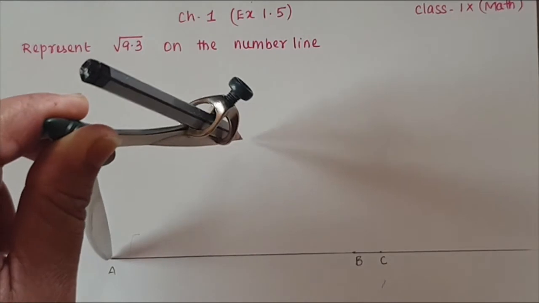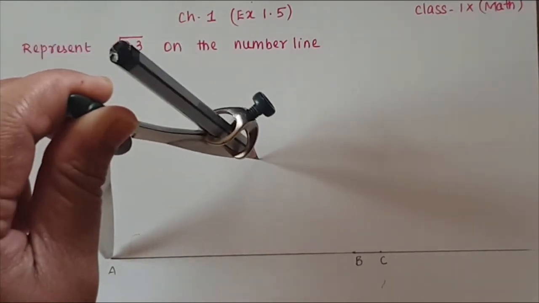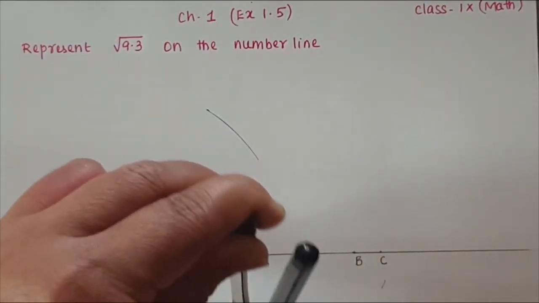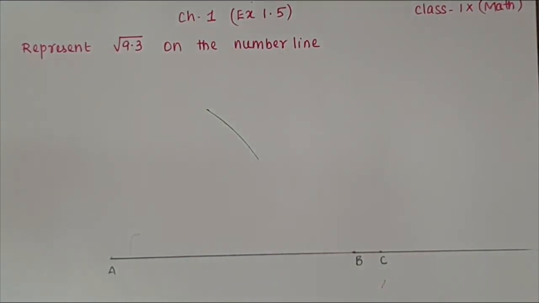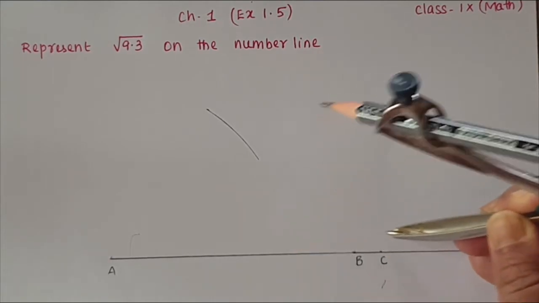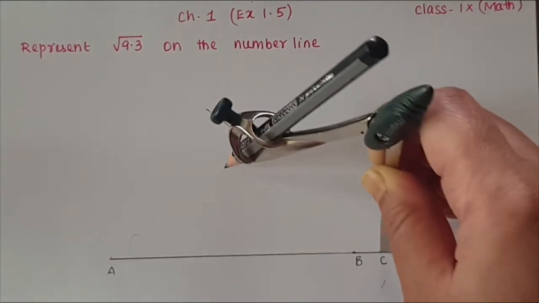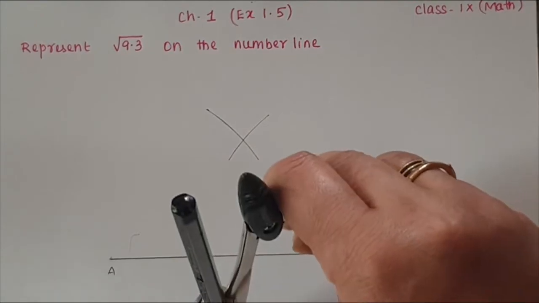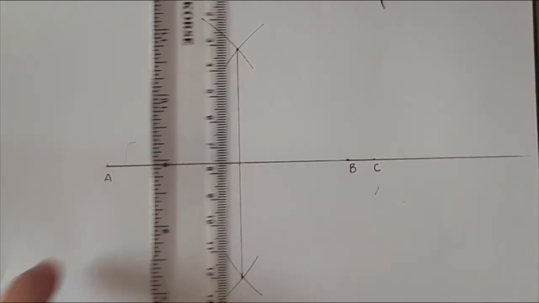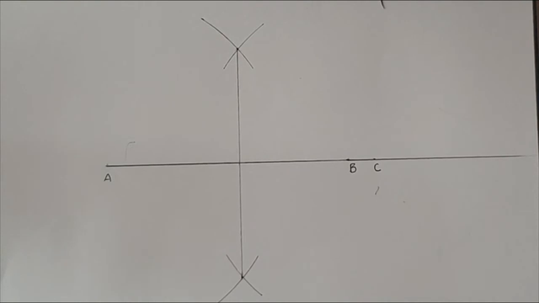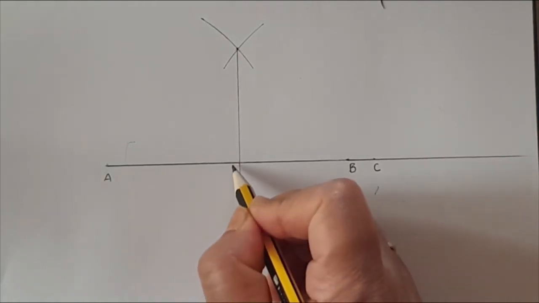Now you have to draw arcs above and below the line segment. Keeping the same compass width, draw arcs from the other end of the line. Now you have to draw a line segment by joining these 2 points. Yes, done. So mark the midpoint of AC as O.